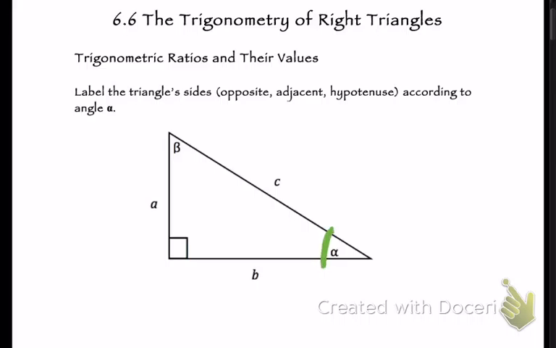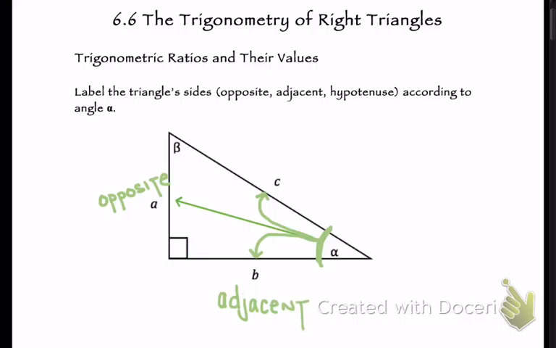Not starting from beta, starting from alpha. So if I'm starting from alpha, I know that the side there would be opposite alpha. This would be adjacent to alpha. Adjacent means right next to it. And the other one would be the hypotenuse.